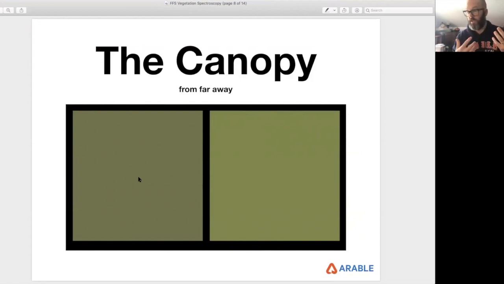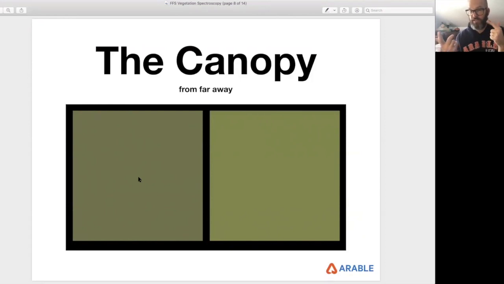If there's non-photosynthetic vegetation like straw, bark, all that stuff is showing up in this image, and we're measuring the average. So one of the challenges of remote sensing science is this unmixing.